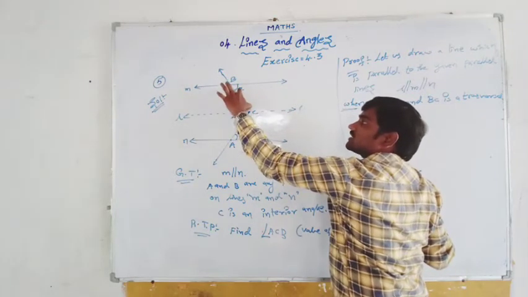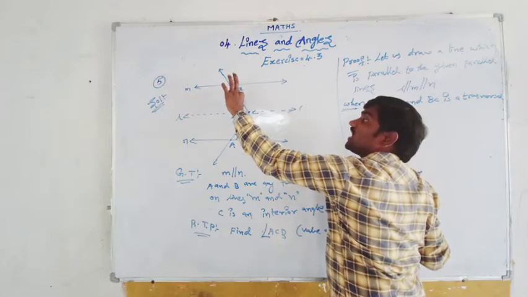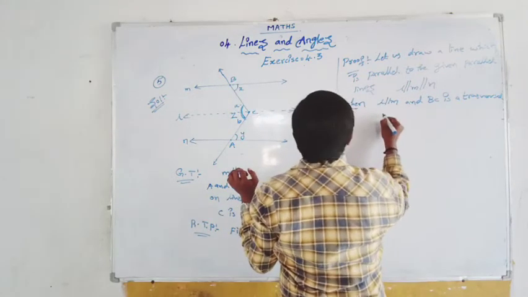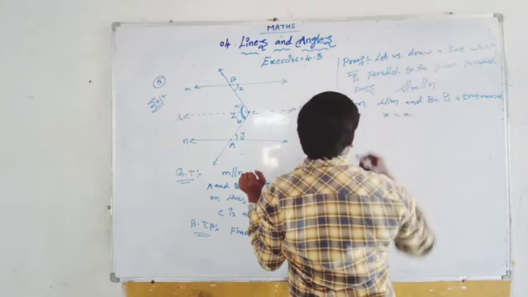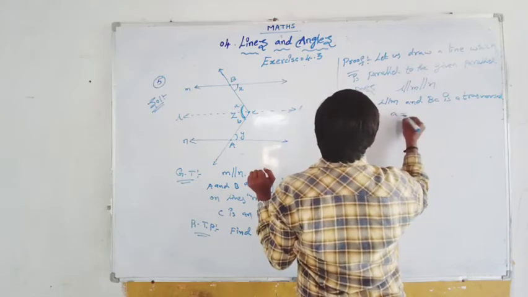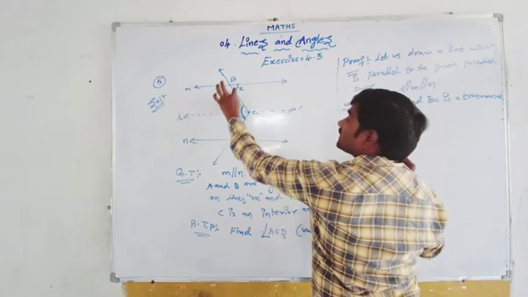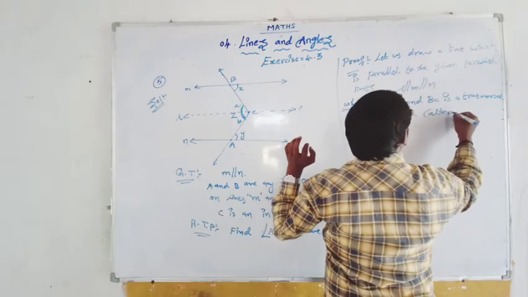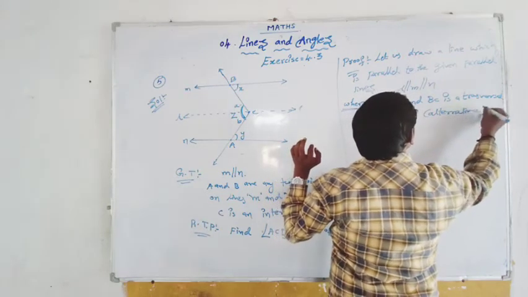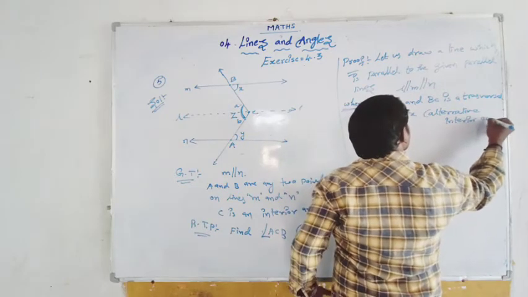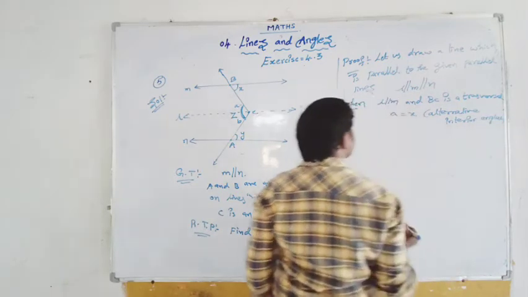Then these two angles are known as alternate interior angles. So here X equals A, or A equals X, because these two are alternate interior angles.